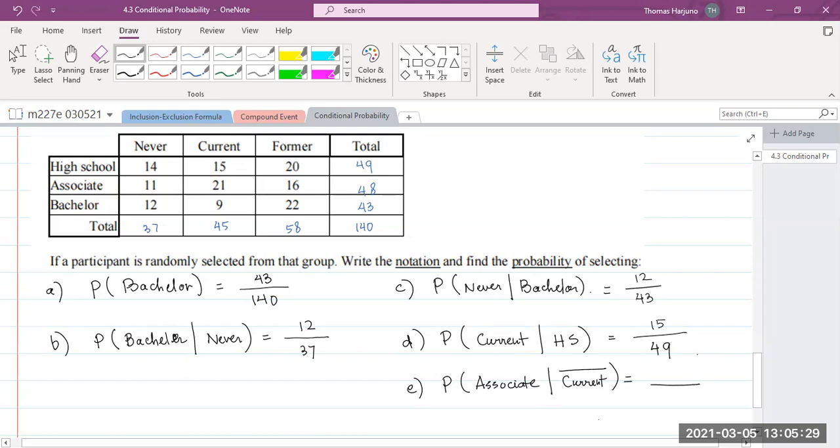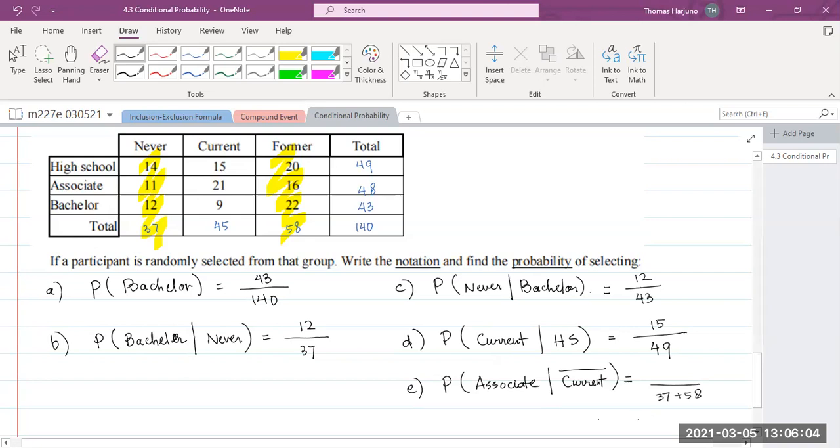Next, what is the probability somebody have associate degree as the highest education diploma, knowing that person currently not smoking? Not a current smoker. Now, not current smoker refers to these people. Okay, so there are 37 plus 58 people currently not smoking.